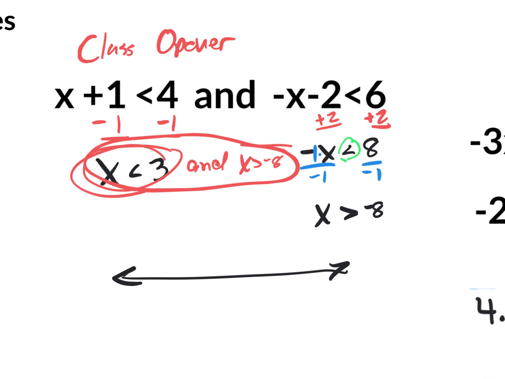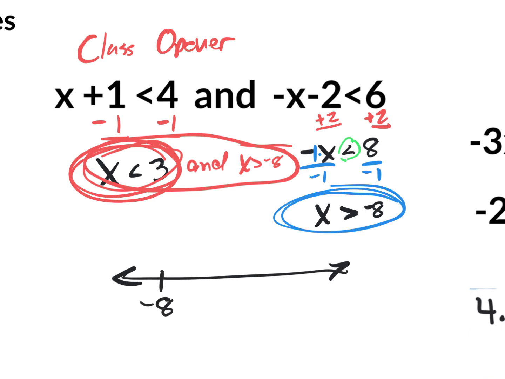What we have here is x is less than 3, and also x is greater than negative 8. So on a number line, obviously the negative numbers are on the left side, negative 8. The positive numbers are on the right side, positive 3. And when we think of x is less than 3, less than is to the left, and greater than is to the right.